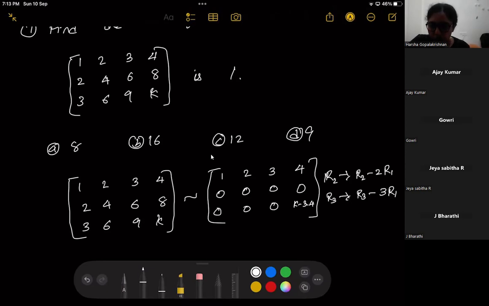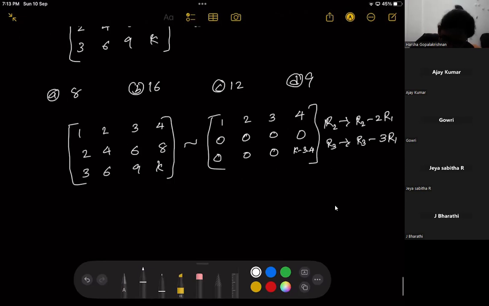So the rank of this matrix and the rank of this matrix are the same because they are equivalent, obtained using elementary operations. So the rank of this matrix should be 1. Rank should be 1 means this entry should be equal to 0. If it is non-zero, then the rank will be 2 because 2 non-zero rows are there.